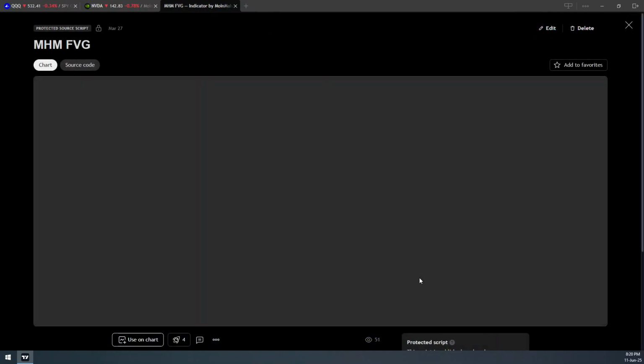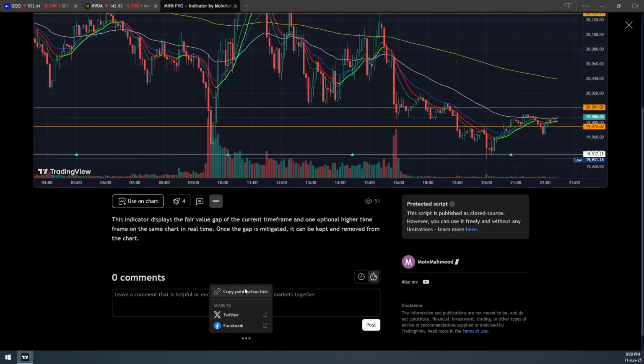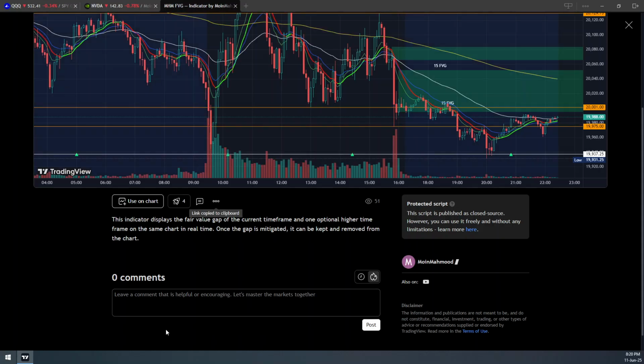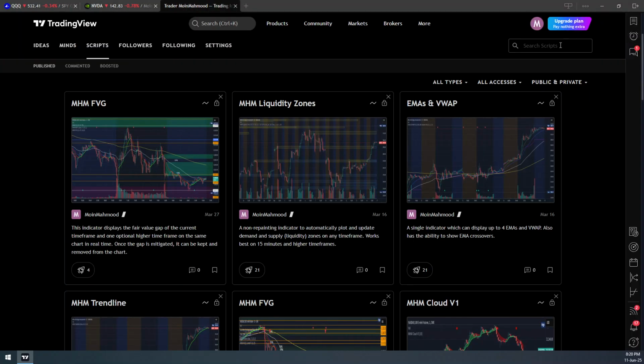Once your gap is filled out, you basically took out everything on that gap, so you can literally then remove the fair value gap from your charts. This indicator will wipe out the fair value gap after it's entirely filled out. I post it in the chat here. Feel free to use it if it helps you.